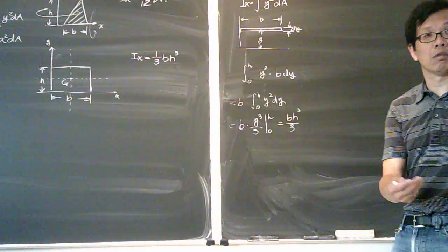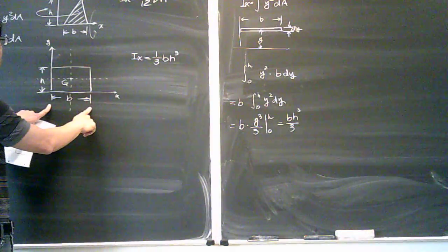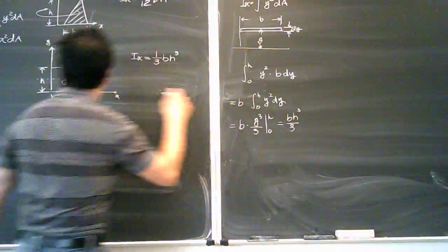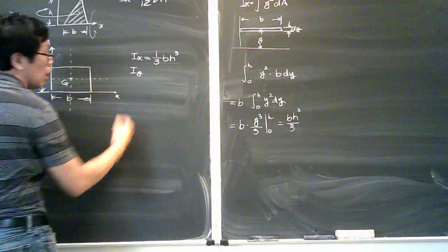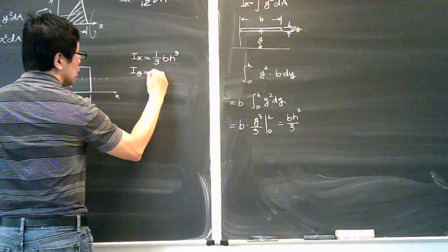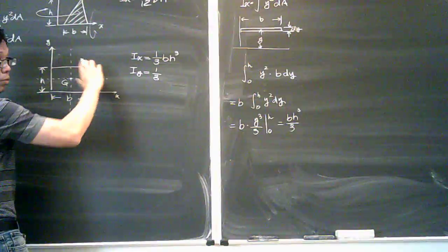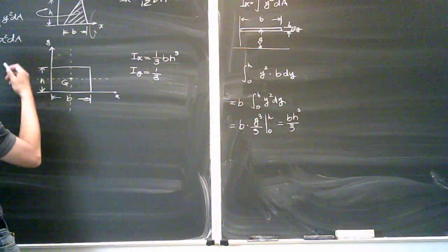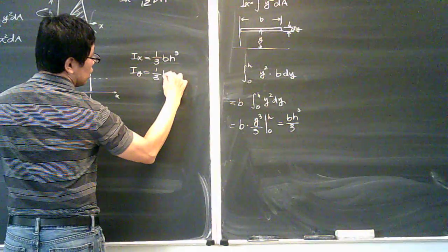Okay, so clearly, this is the bottom, the length of the bottom. This is the height. So if you try to find my Iy, it's similar. This is your bottom because now I'm rotating around the y-axis. So this is your bottom, this is your height.